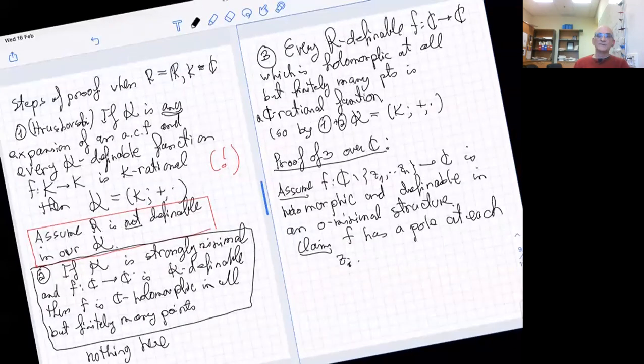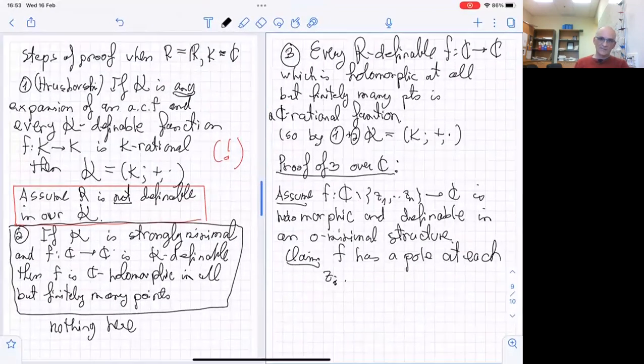Well, right, this is interesting. In the O-minimal setting, every singularity is either a pole or removable. A pole, sorry, or removable. As a pole, at worst a pole, I guess, or removable. I mean that it's not an essential singularity.